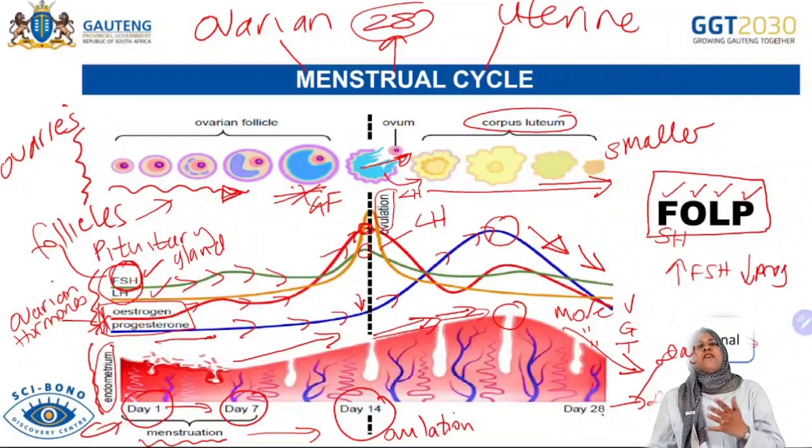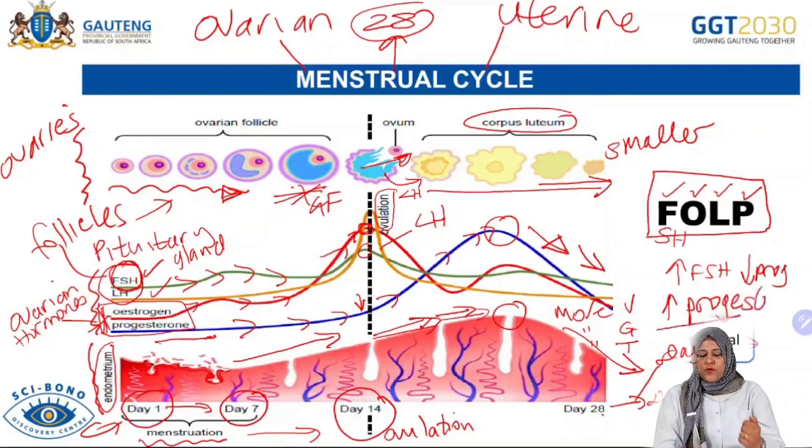Remember, we have all these hormones in our bodies at all times, but at certain times there is more of one hormone than the other. So at the time of ovulation, for example, there's more LH. When we are menstruating, we have to produce more FSH so the follicle can form, and at that time there's no pregnancy that can occur, so progesterone is low.